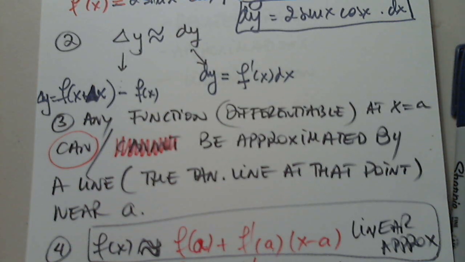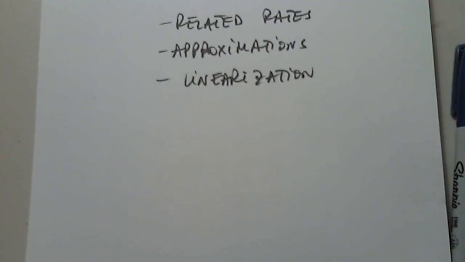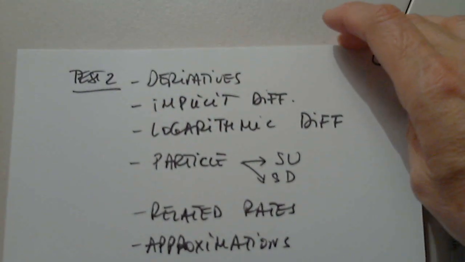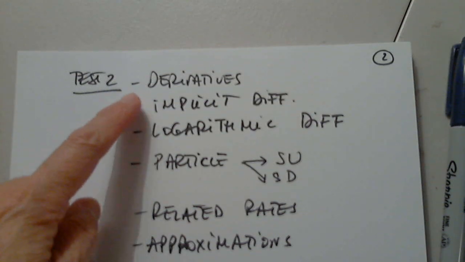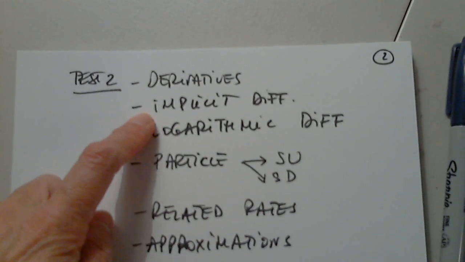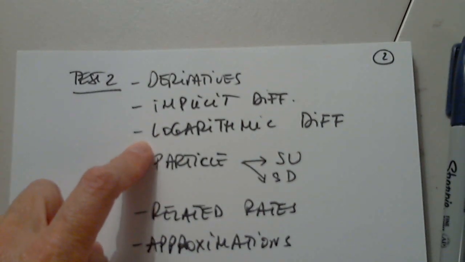Okay, I made a list of topics that you would see on test 2, and now let's start reviewing. All sorts of derivatives, implicit differentiation, logarithmic differentiation.